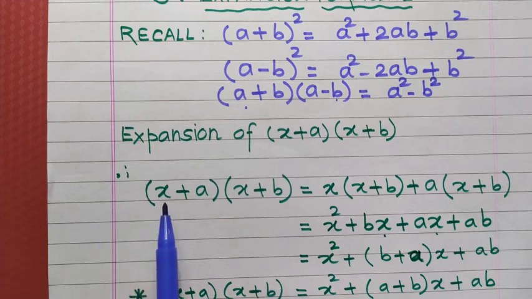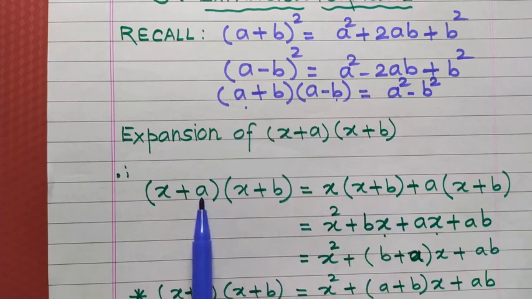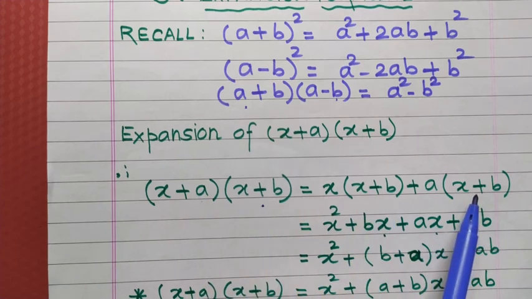First of all, we'll multiply each term by every term. So x into (x plus b), here I have written x into (x plus b). Similarly, plus a into (x plus b).